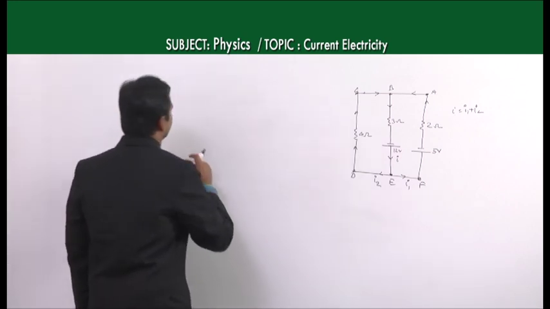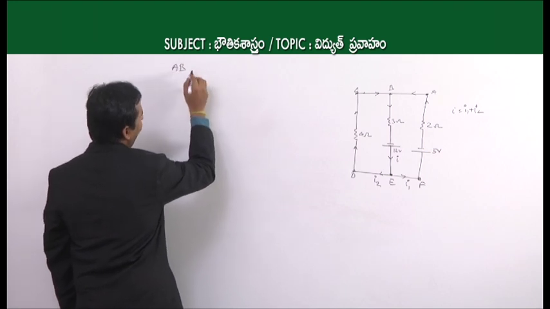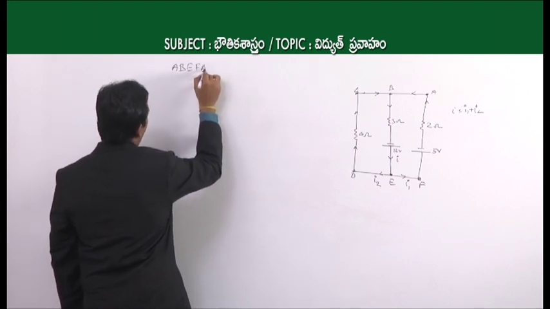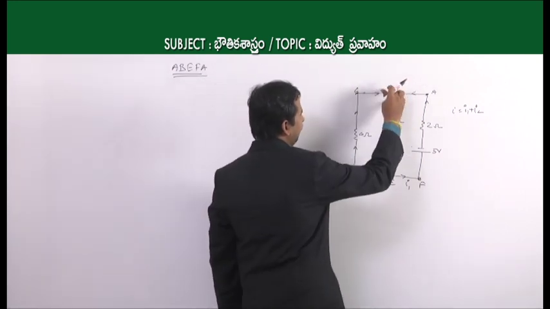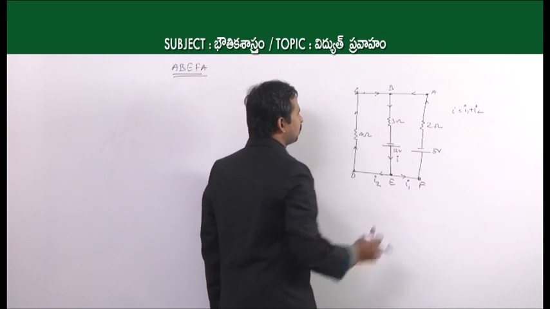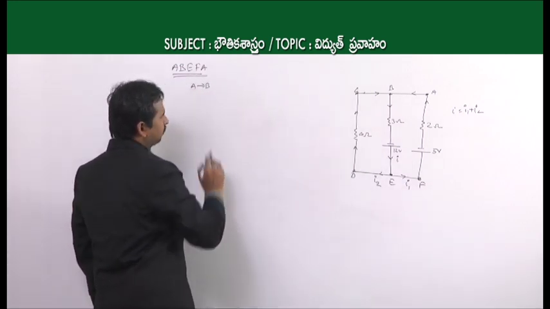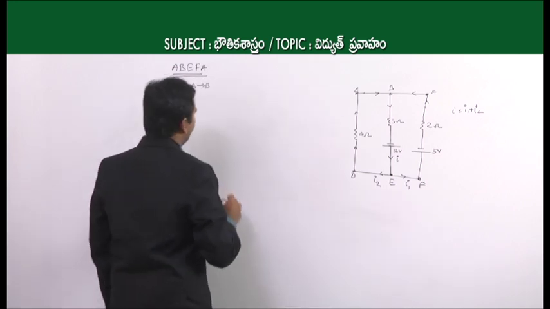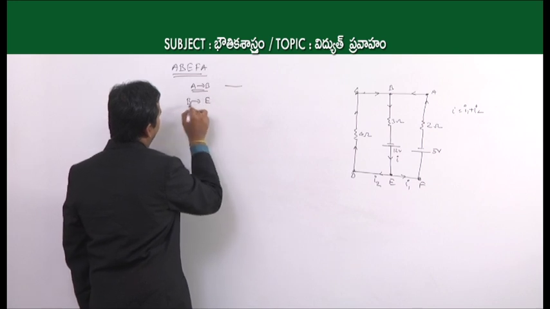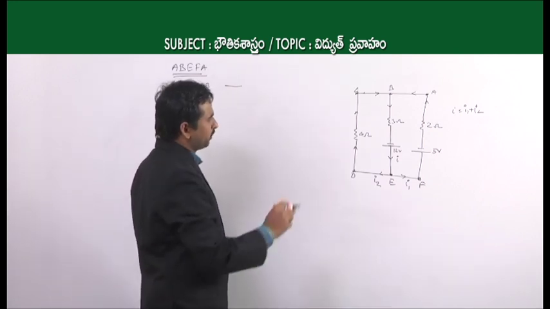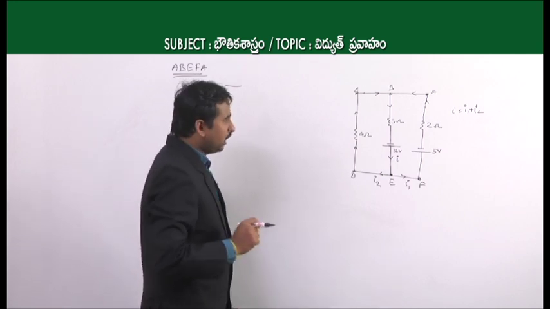For the first loop, A, B, E, F, A: from A to B nothing is there, and from B to E we have electronic components, one resistance of 3 ohms and the 12 volts battery.